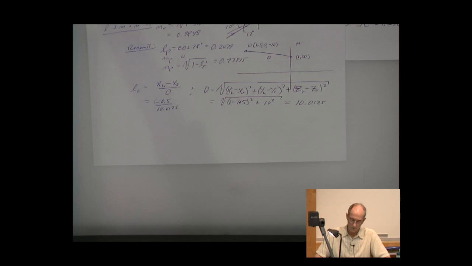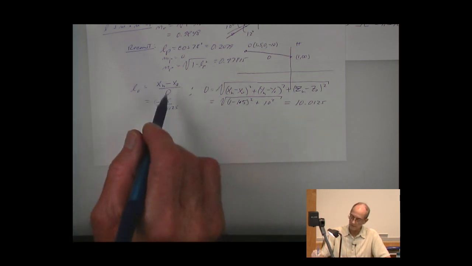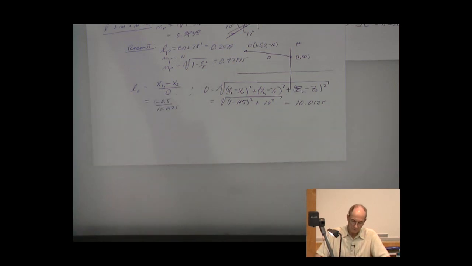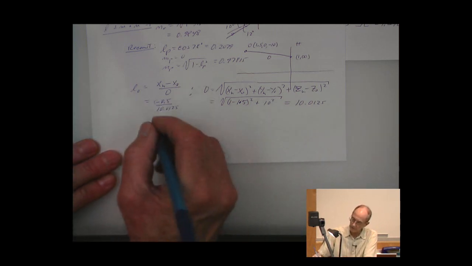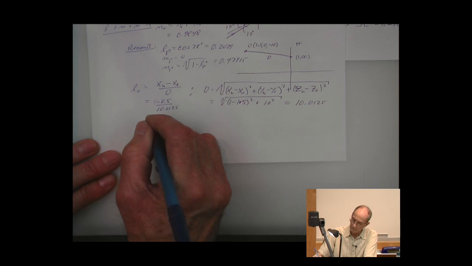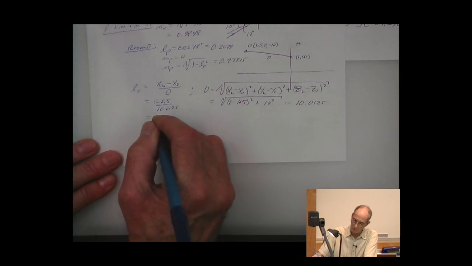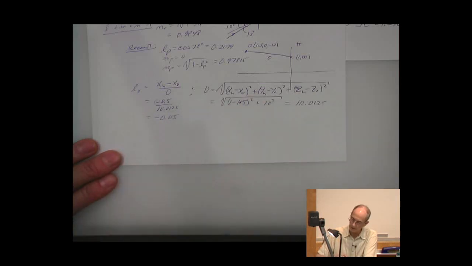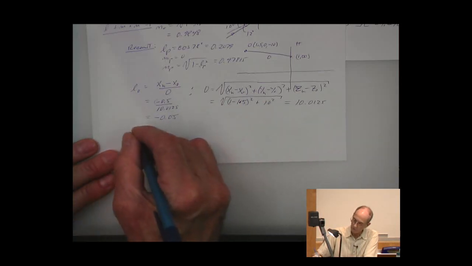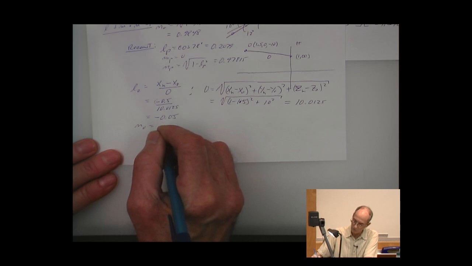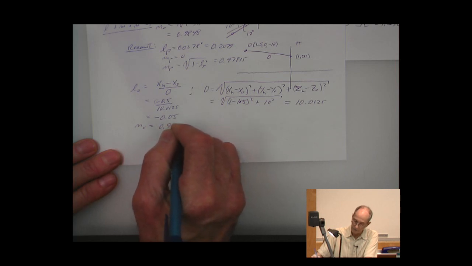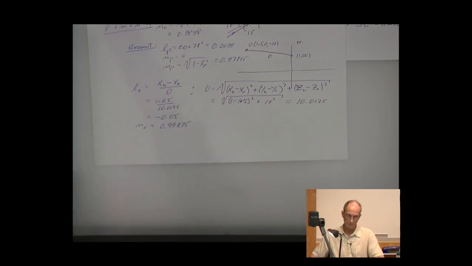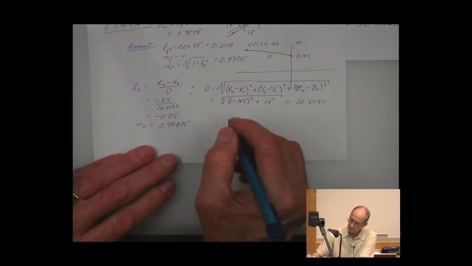So I only dinged you once for that, hopefully. If not, let me know. So LO is approximately minus 0.05, that divided by roughly 10. And NO is equal to 0.99875.